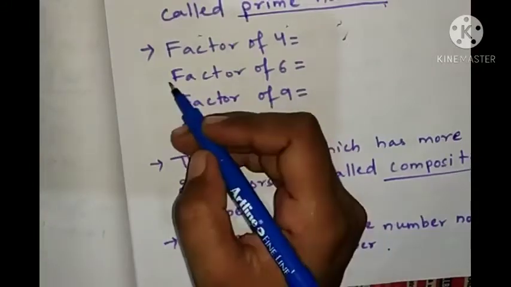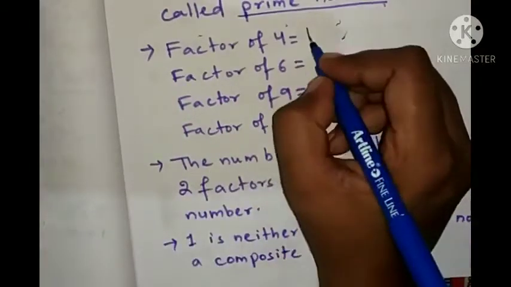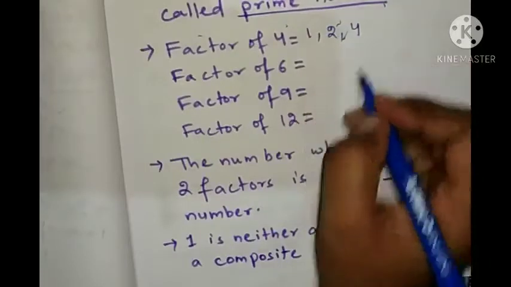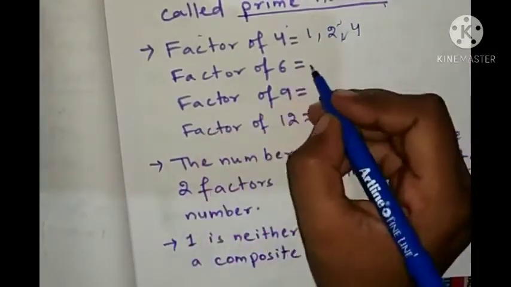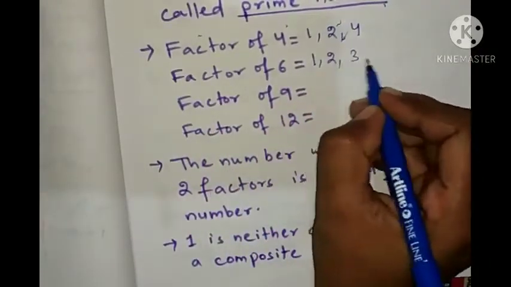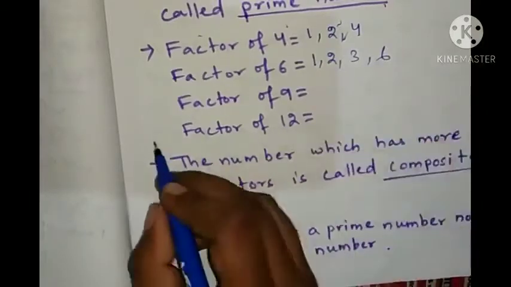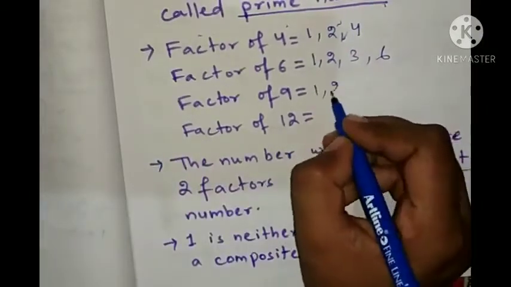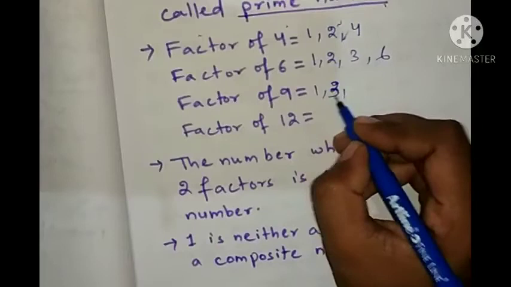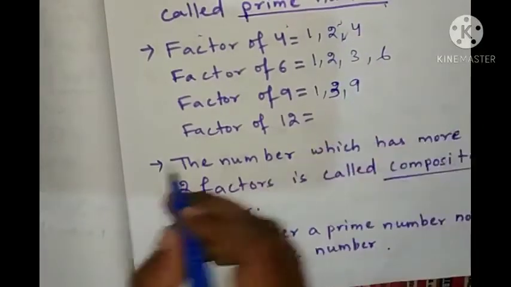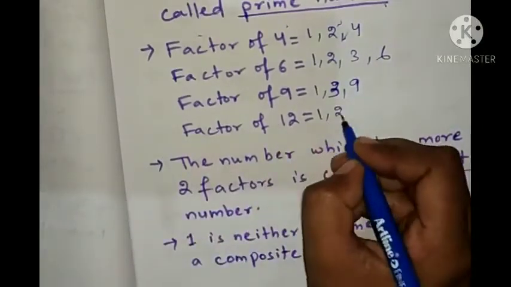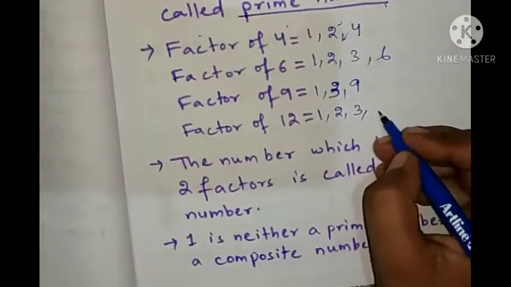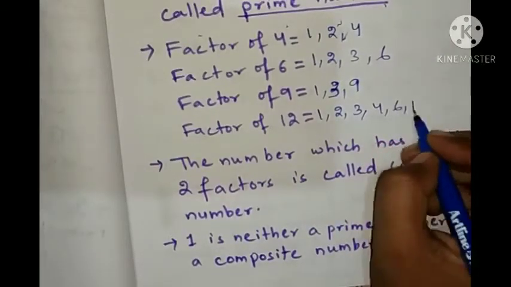Next look. Factor of 4 is 1, 2, 4. Factor of 6 is 1, 2, 3 and 6. Factor of 9 is 1, 3 and 9. Factor of 12 is 1, 2, 3, 4, 6, 12.